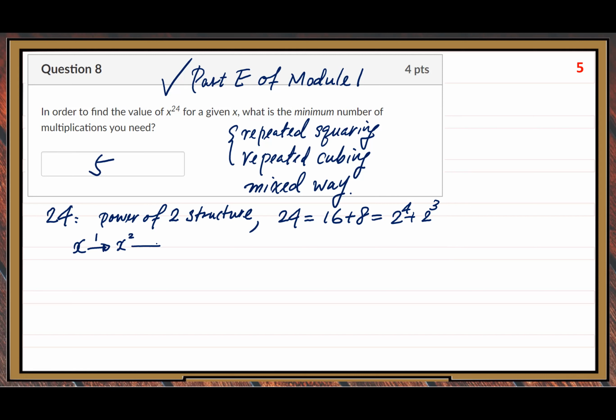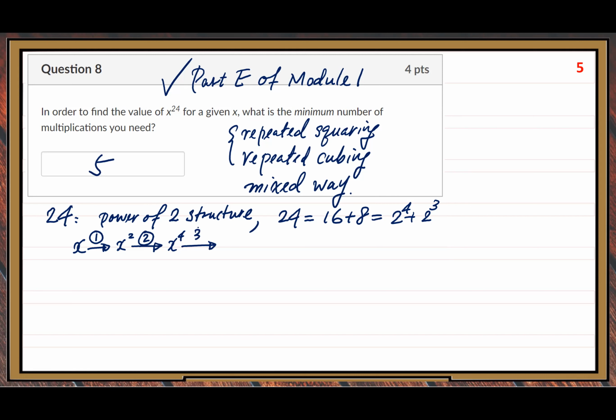Let me put a circle, which means the number of multiplications. Second multiplication, squaring that, x squared times x squared, gives x to the 4th.